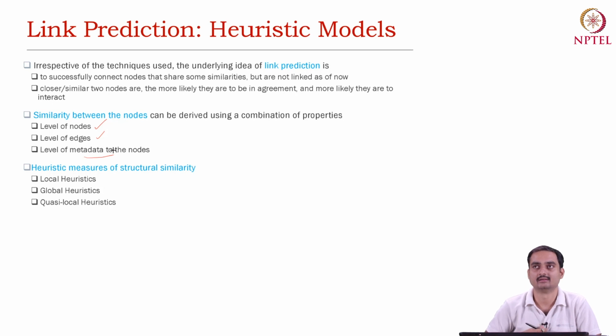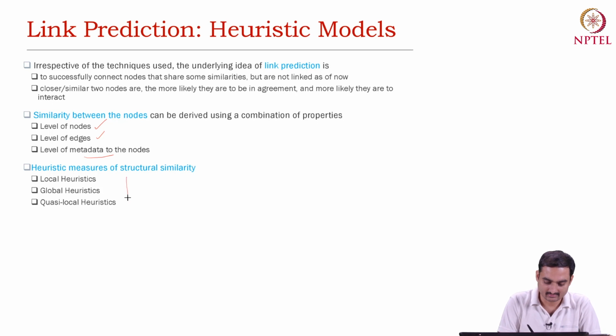For example, node level structural properties include degree and clustering coefficient, whereas metadata of a node, in the case of a social network, can be the location information of a user, job, gender, or some other interest, political inclination and so on. These are metadata related properties that we often use.